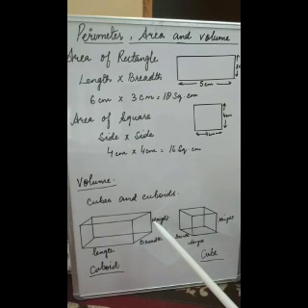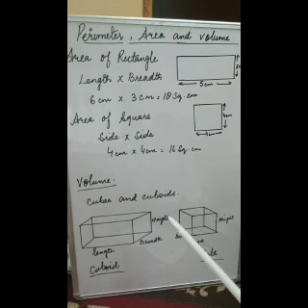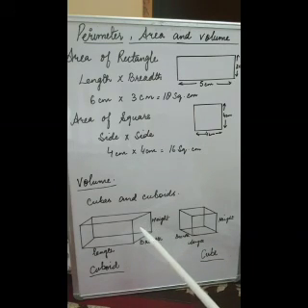A cube is a special type of cuboid whose length, breadth and height are equal. A cube has 6 faces, 12 edges and 8 vertices, same as a cuboid. Each face of the cube is a square, but in a cuboid the faces are rectangular. Some examples of cubes are a chalk box, ice cubes and dice.